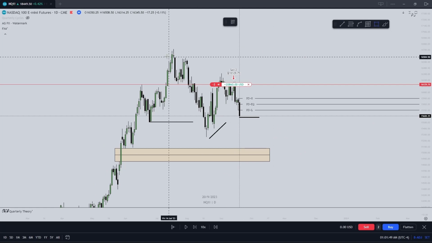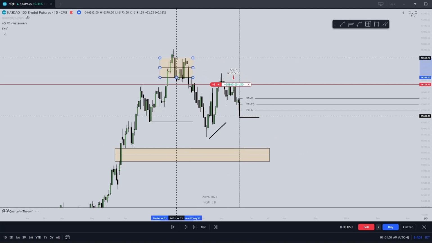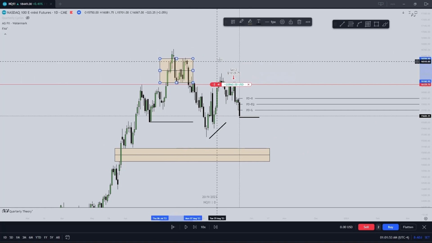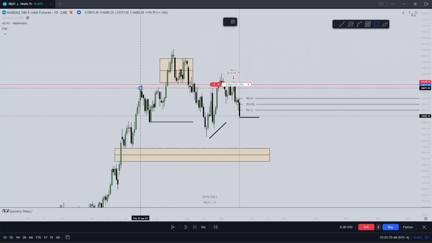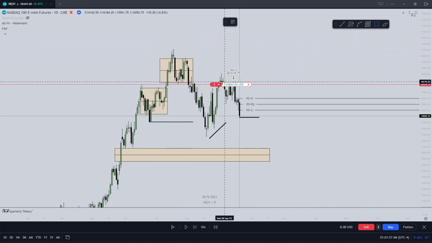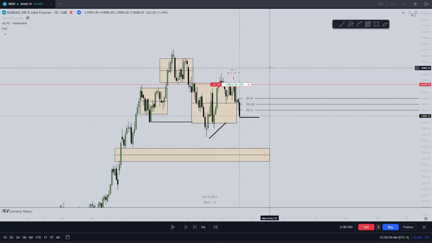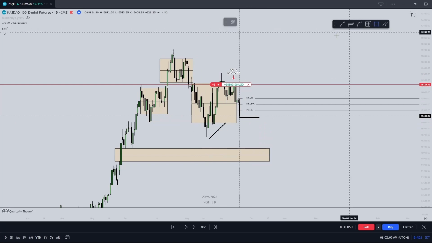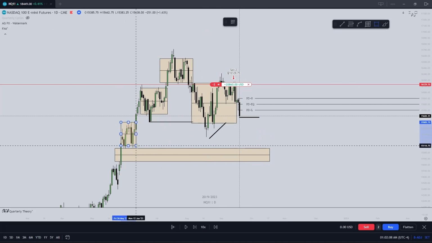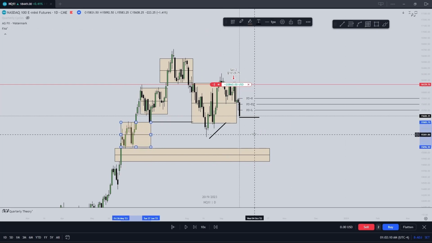We also see our smart money reversal, accumulation leg, right? Accumulation leg with just manipulation of both sides. Accumulation leg. Okay.